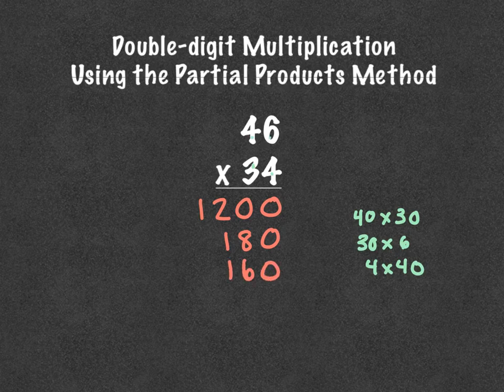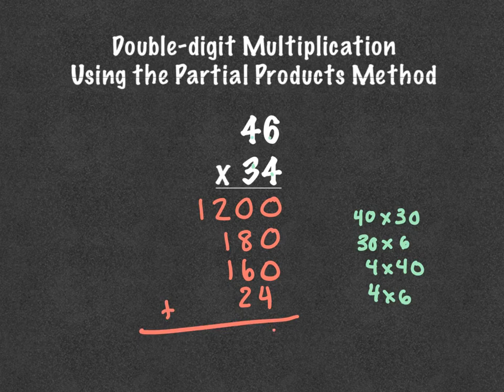And then 4 times 6 would be 24. Then we're ready to add it up. 14 plus 2 is 16, 2, 3, 4, 5. 1,564 would be our answer.